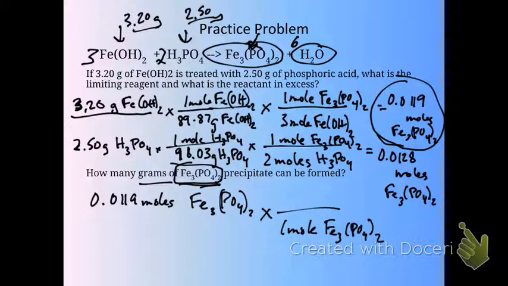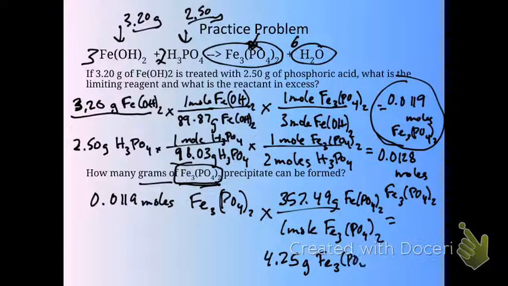That's going to be, let's see, so this is 357.49 grams, times... 4.25 grams of Fe3(PO4)2. So that's how many grams you would produce.